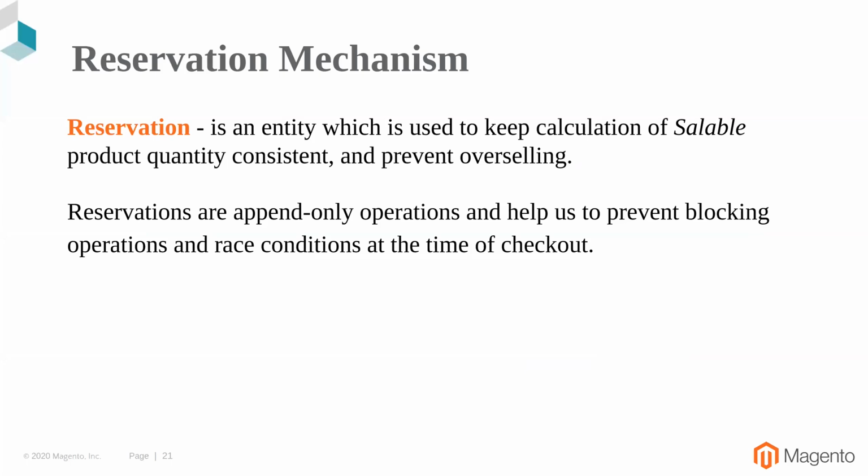Because of this, your concurrent checkout gets protected. So reservation works entirely in the backend to automatically update the inventory totals, and reservations are append-only operations. Hence, the ordered quantity is deducted from the sellable quantity without affecting the actual product quantity. Okay.